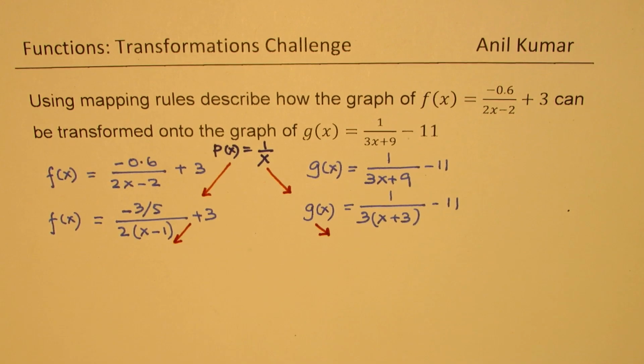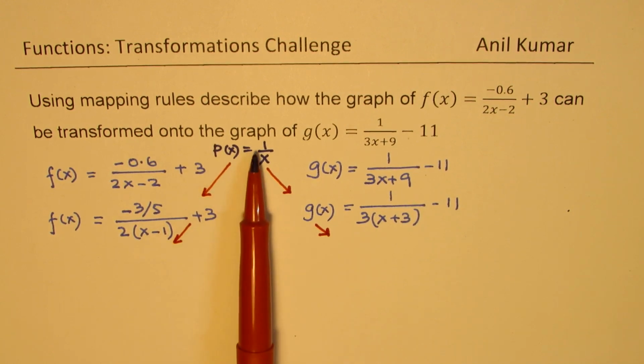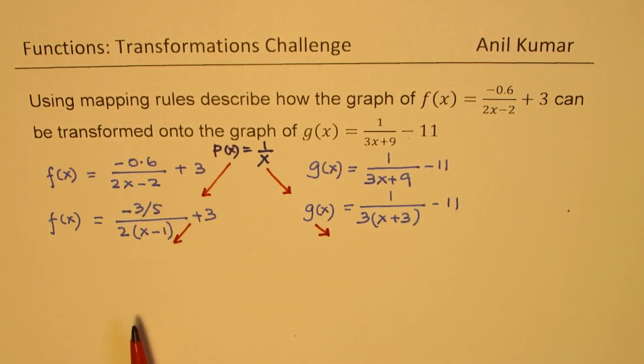So that is kind of critical to understand. Once we do this relation, we have something in common, then we could actually write the mapping diagram. Otherwise, it could be very tricky. So I hope you understand this part, right?